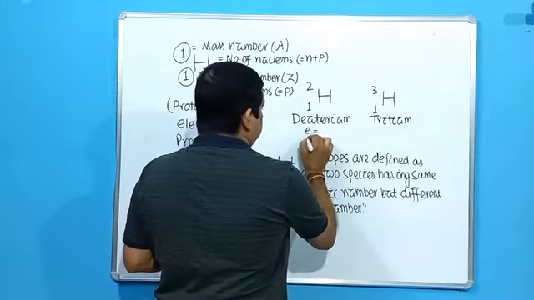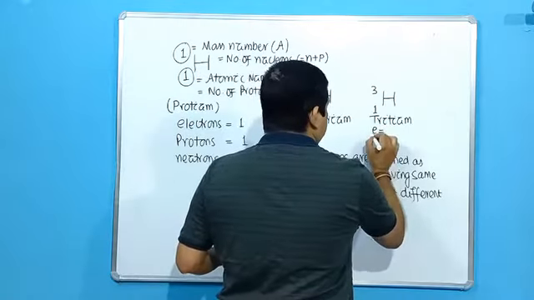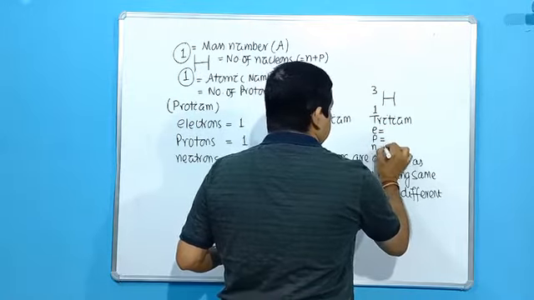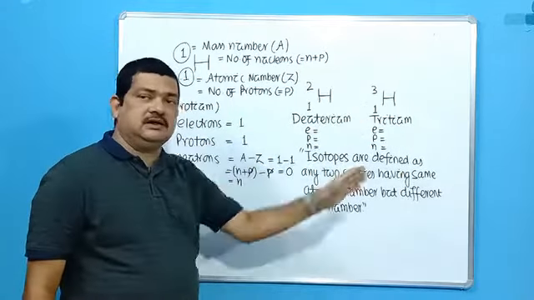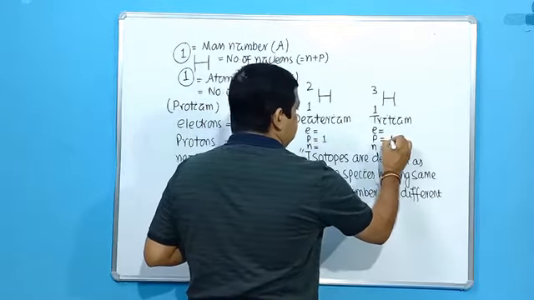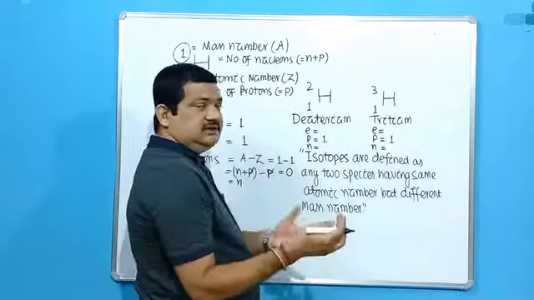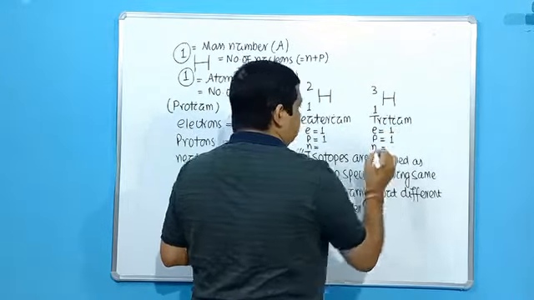Then we will calculate the number of electrons, protons and neutrons in this. Now look, the atomic number is unchanged. That means the number of protons will be 1 in every case. Again, it is electrically neutral, that means the electron also has to be 1.